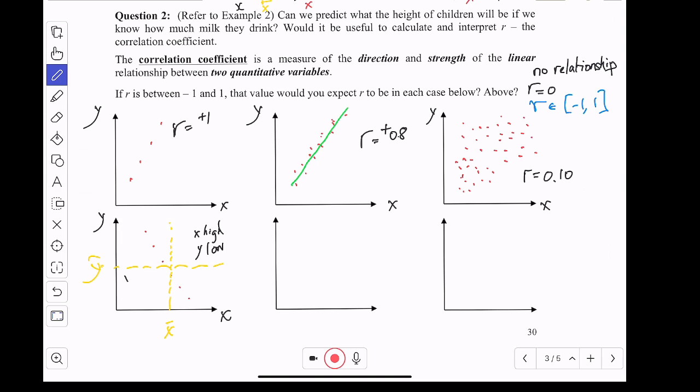When x is low, y is high rather than low. So this is a negative relationship, and if it's consistent, they're opposite. They do the opposite thing, and if they do it perfectly opposite, what you get is an R of -1.